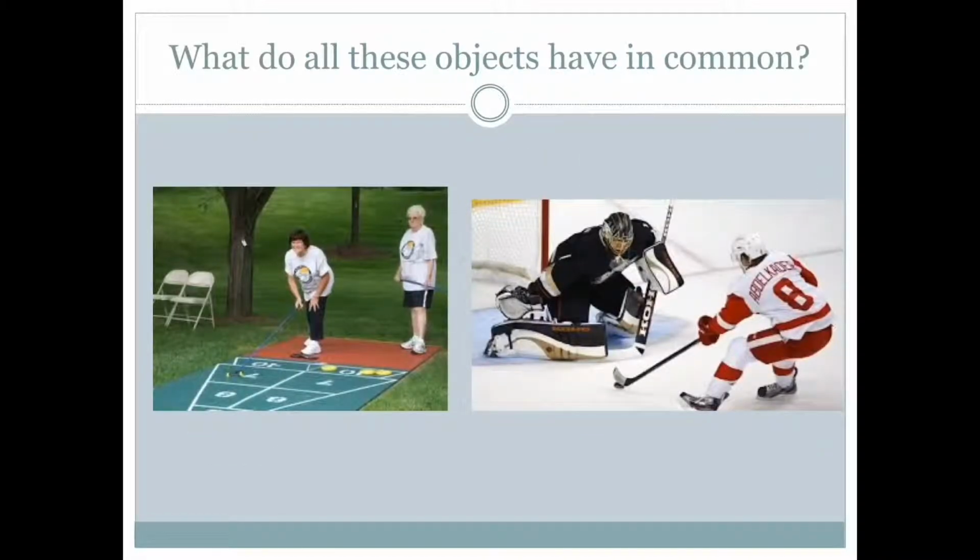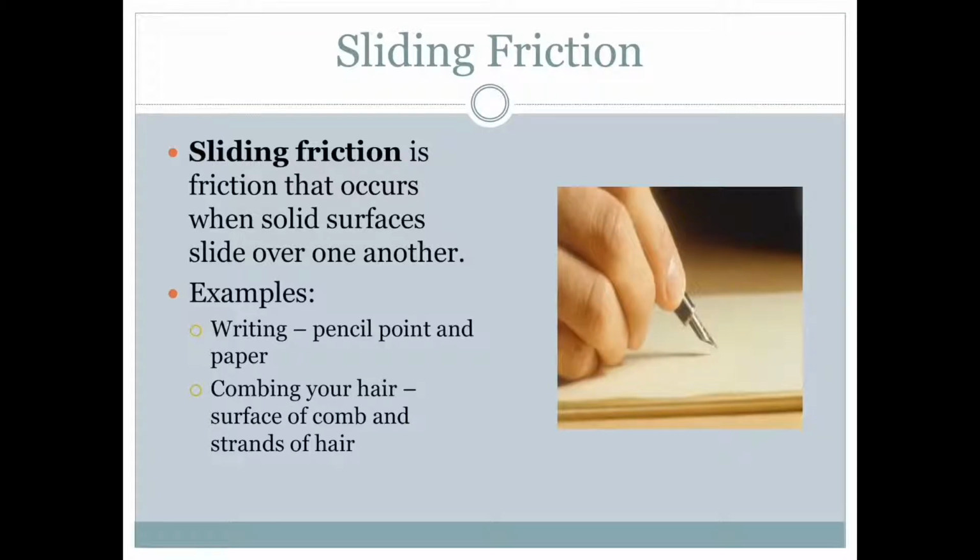Now, what do all these things have in common? You've got some ladies playing shuffleboard. They're sliding pucks across the board. And you've got some hockey players sliding the hockey puck across the ice. Well, this is sliding friction. So sliding friction is the friction that occurs when solid surfaces slide over one another.